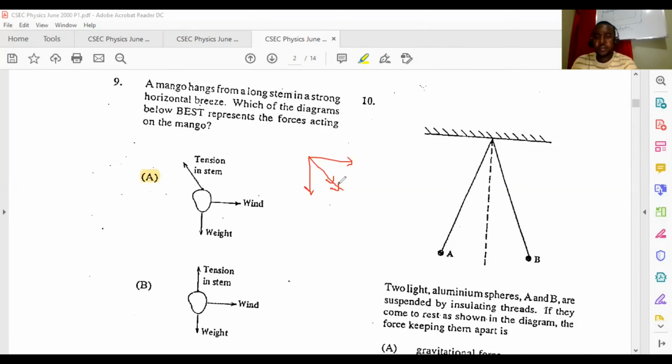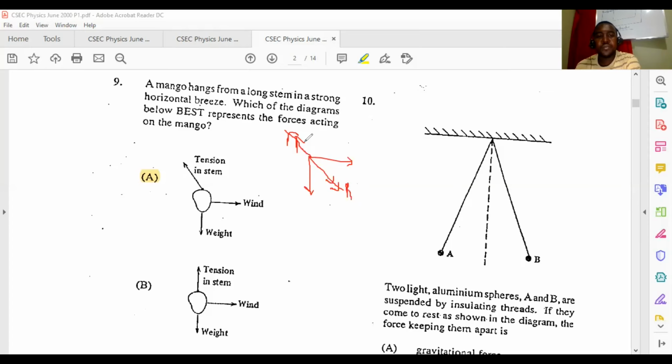Now, if the mango actually remains on its stem, then that means there is an opposite force that's causing it to remain in that same position. So that opposite force is opposing your resultant force, which is going in that direction. All right, so this is your resultant force.